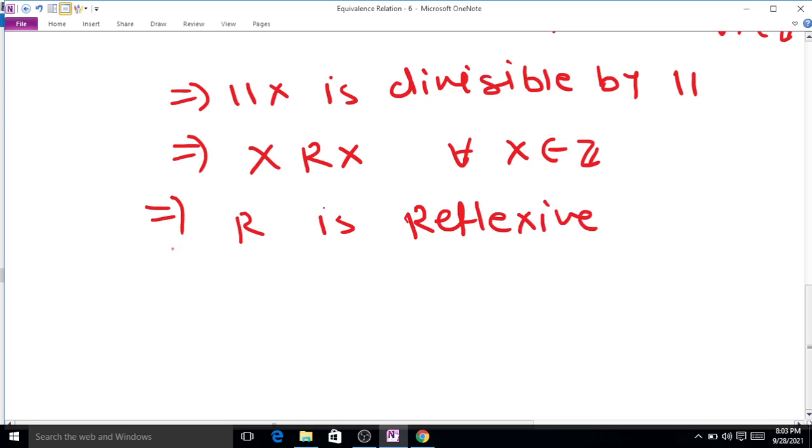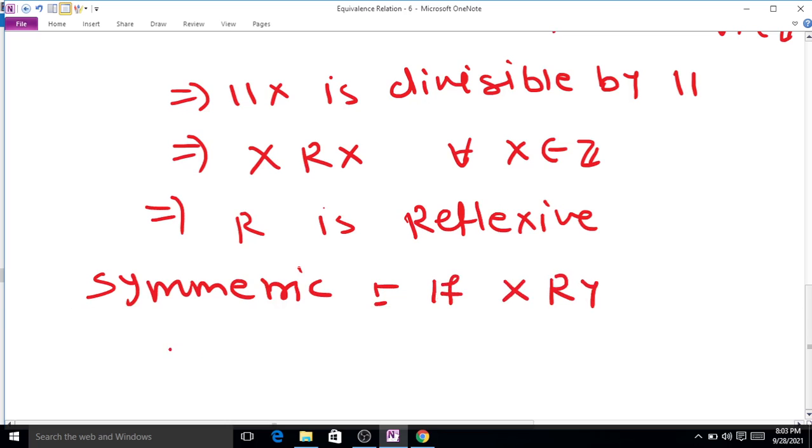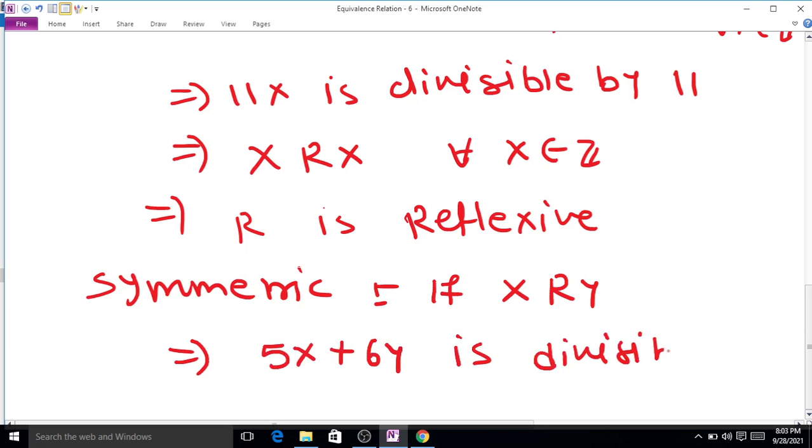Now next we want to check whether it is a symmetric relation. Suppose x is related to y. Then 5x plus 6y is divisible by 11.